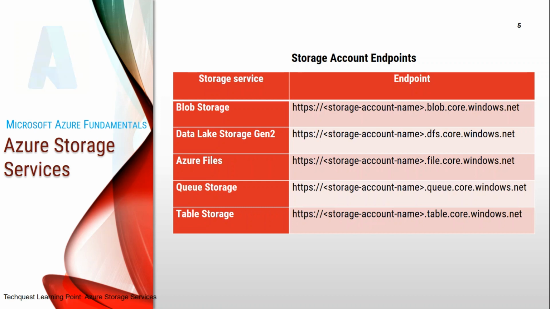Storage service: Azure Files. Endpoint: https://storageaccountname.file.core.windows.net. Storage service: Queue storage. Endpoint: https://storageaccountname.queue.core.windows.net. Storage service: Table storage. Endpoint: https://storageaccountname.table.core.windows.net.